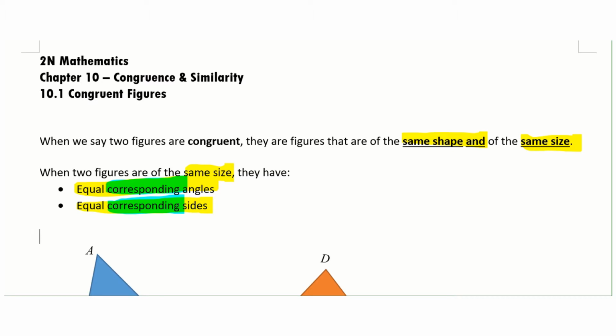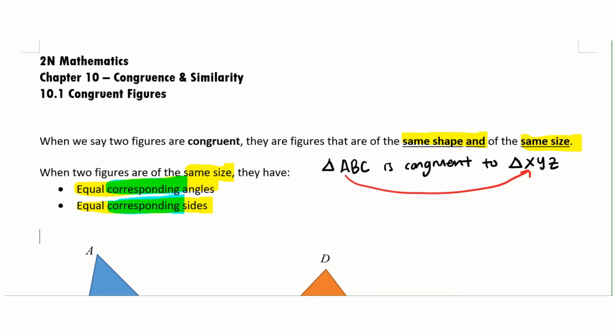for example, if I were to say triangle ABC is congruent to, say, XYZ, from the name itself, I will know that A matches up with the vertex X, B matches up with Y, and C matches up with Z. So even if we don't have the triangle itself, I will know 6 different results out of it.